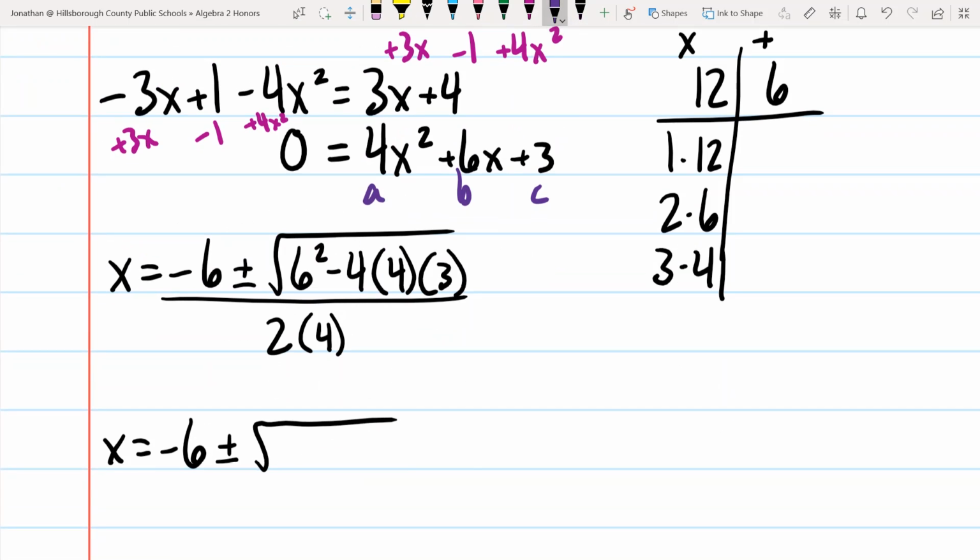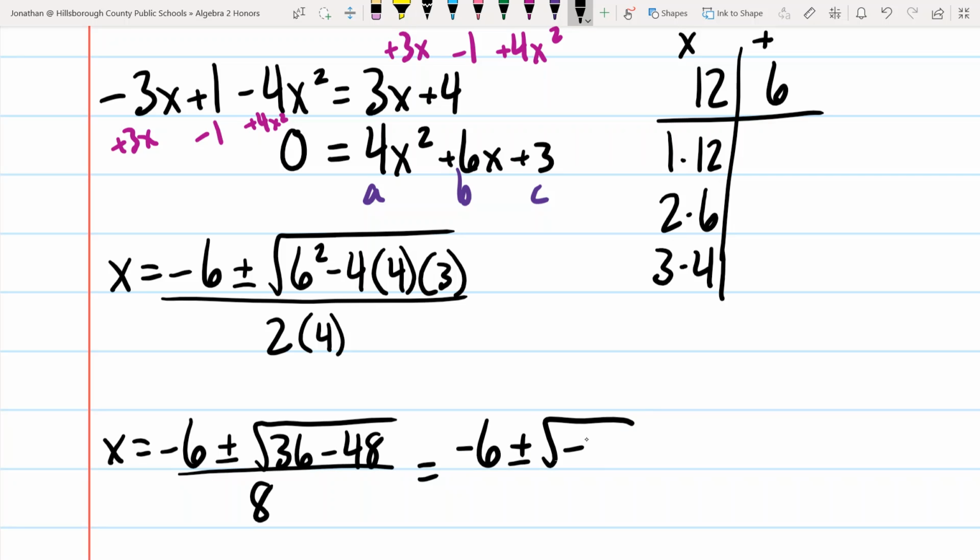Now, take a look at this. Inside the root, we have 36 minus 4 times 4 is 16. 16 times 3 is 48. I know for a fact this is going to be a problem where these do not intersect because we have a negative underneath the square root. Like I said at the start of the section, this is where you have to know that you stop solving.